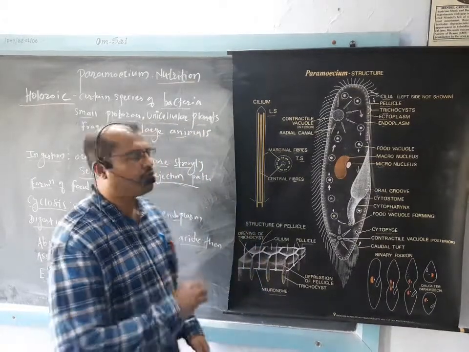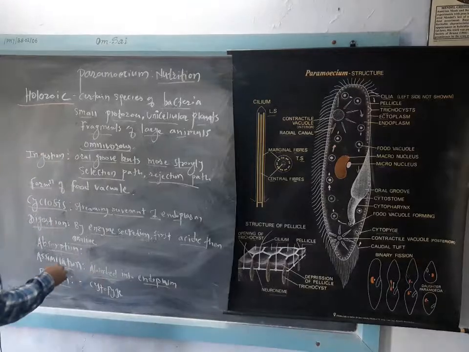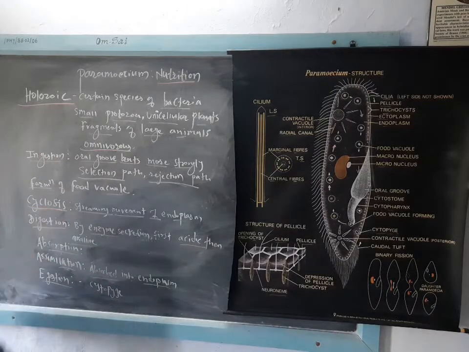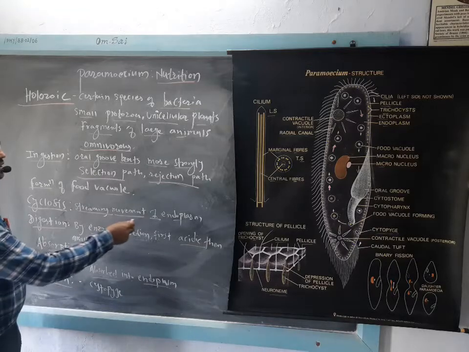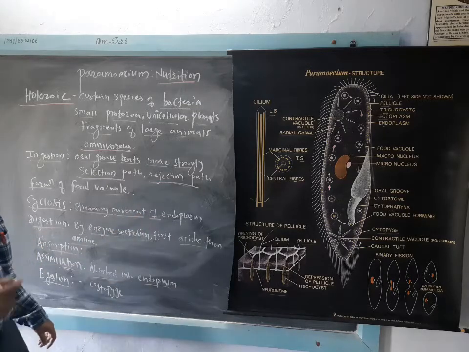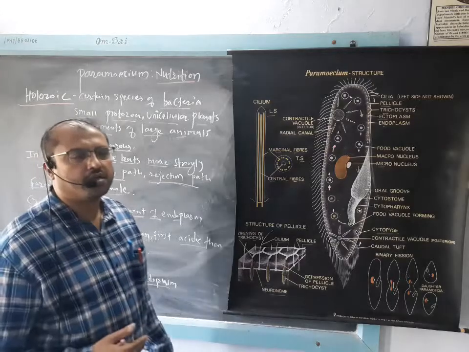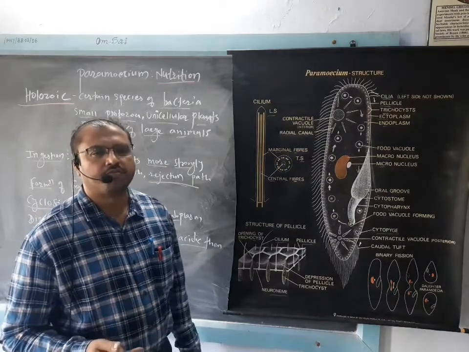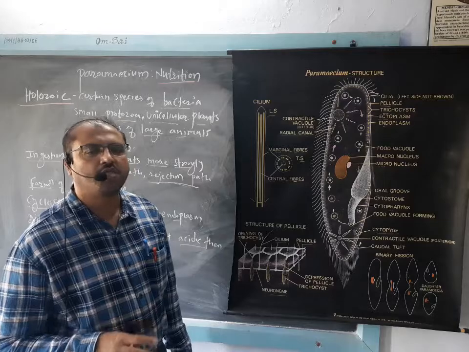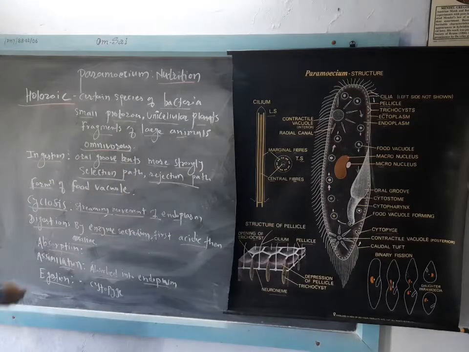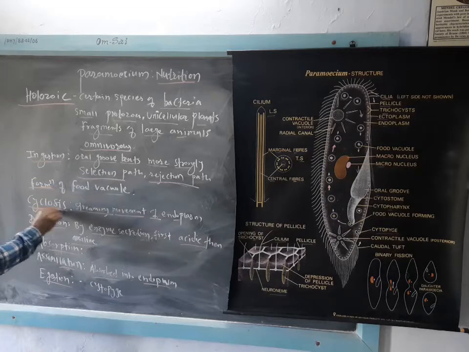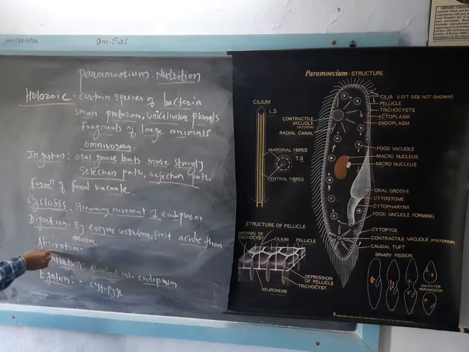So remember one important thing in this nutrition, that is cyclosis, the streaming movement of endoplasm by which the food vacuole is circulated in a cyclic manner in the endoplasm. The sequence is formation of food vacuole, cyclosis, digestion, absorption, assimilation, and egestion.